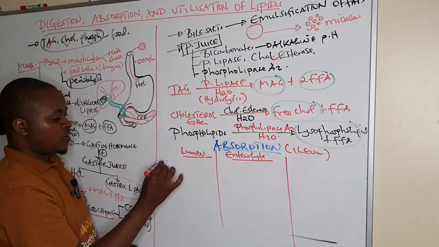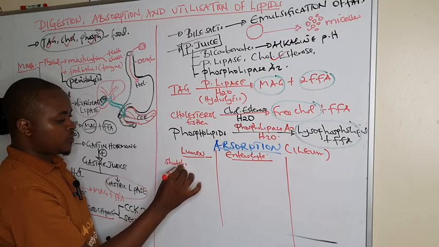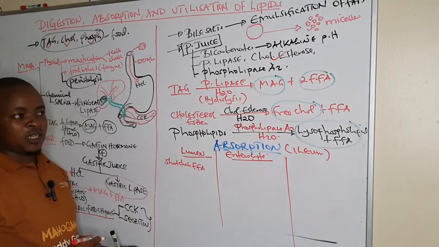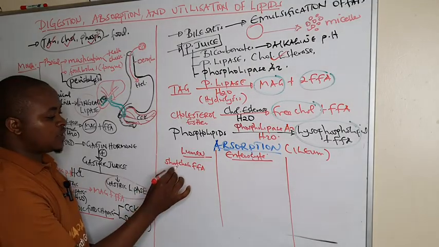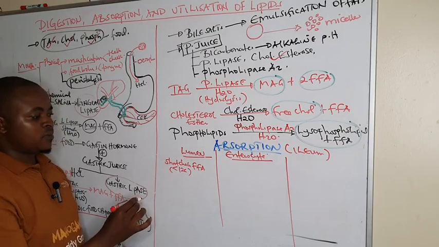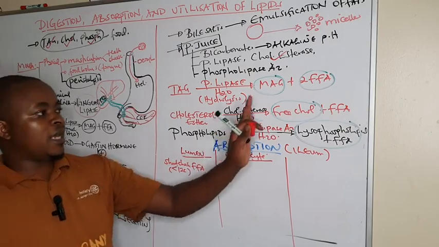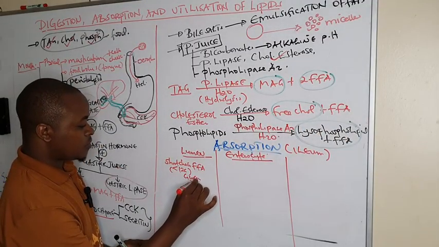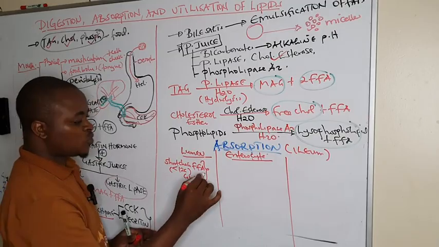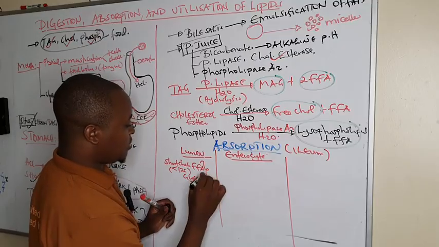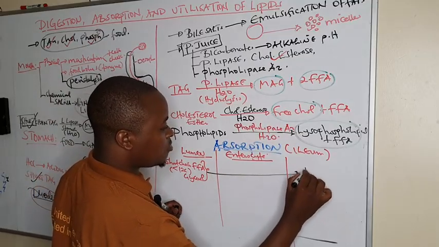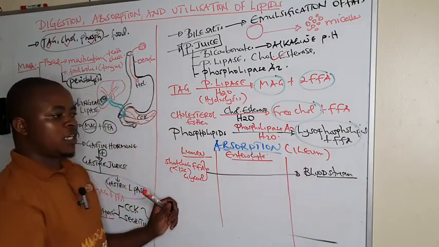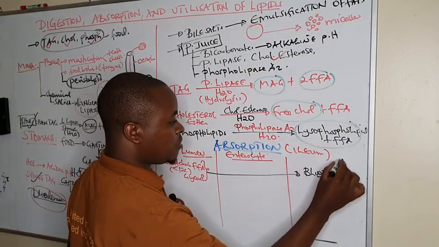we have the short chain free fatty acids. The short chain means those with less than 12 carbon atoms, together with the glycerol which we might eat in the food. These ones are absorbed directly into the bloodstream and taken to the liver via the hepatic portal vein.